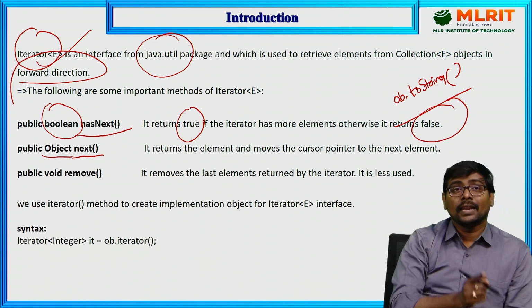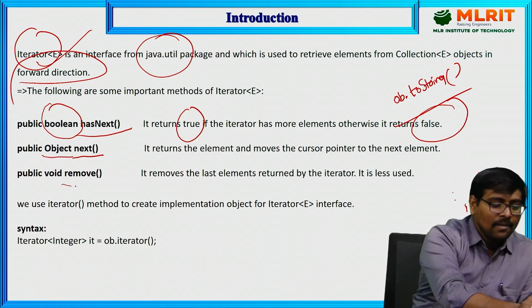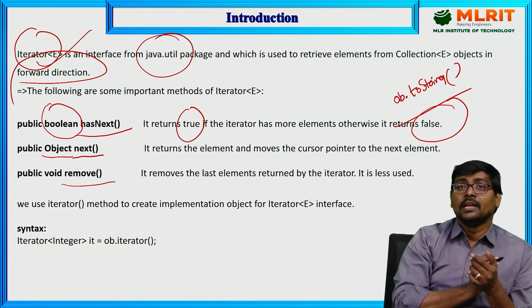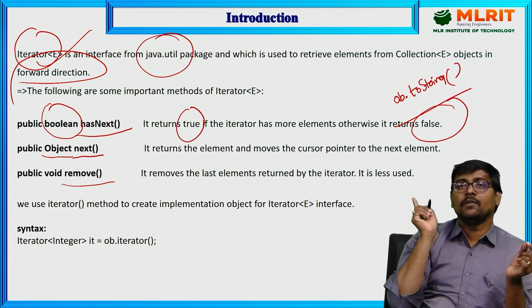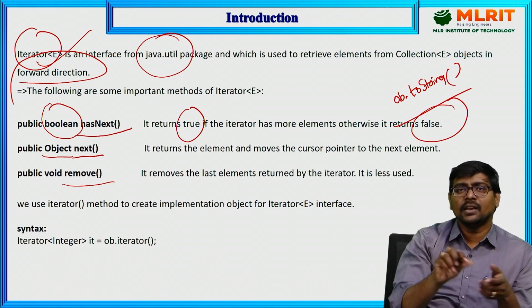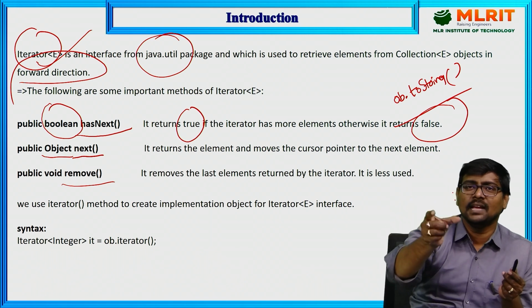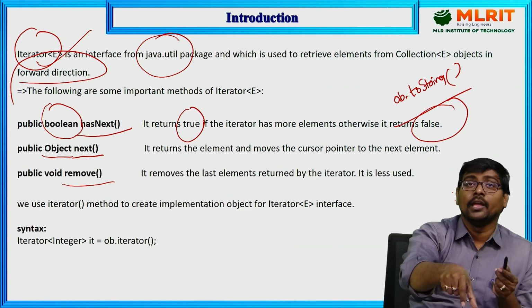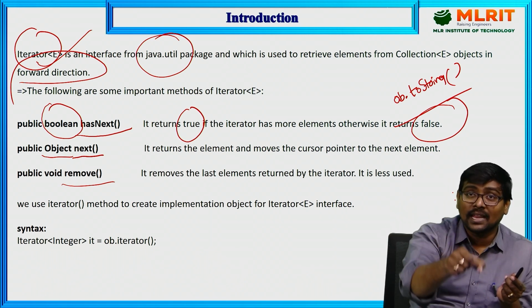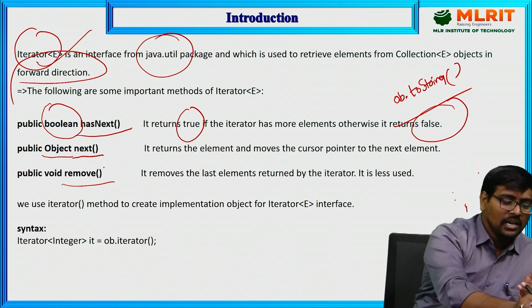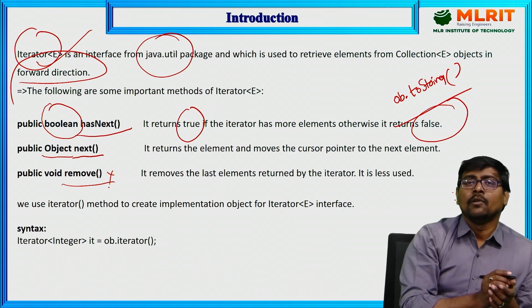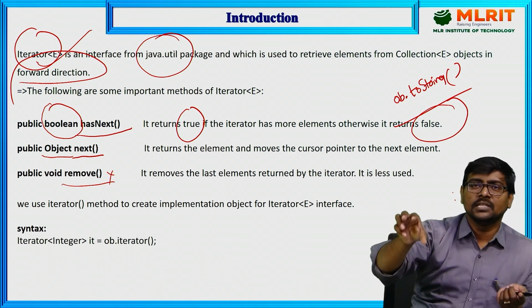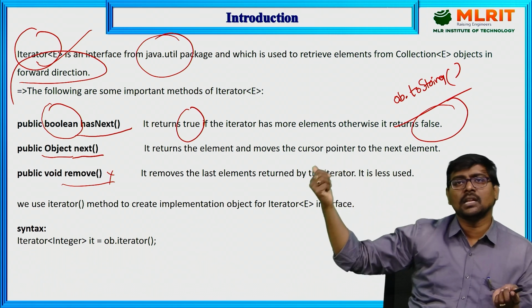Now, remove. The name itself specifies it removes the element from the collection. Generally, once we place the elements into the collection, we are not using the remove method. Why? Suppose you are using the Set interface, the remove method is already available there.